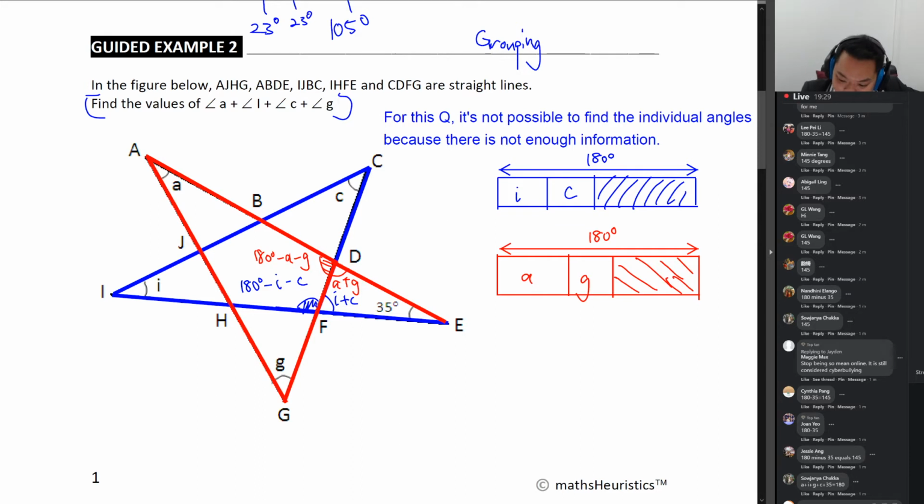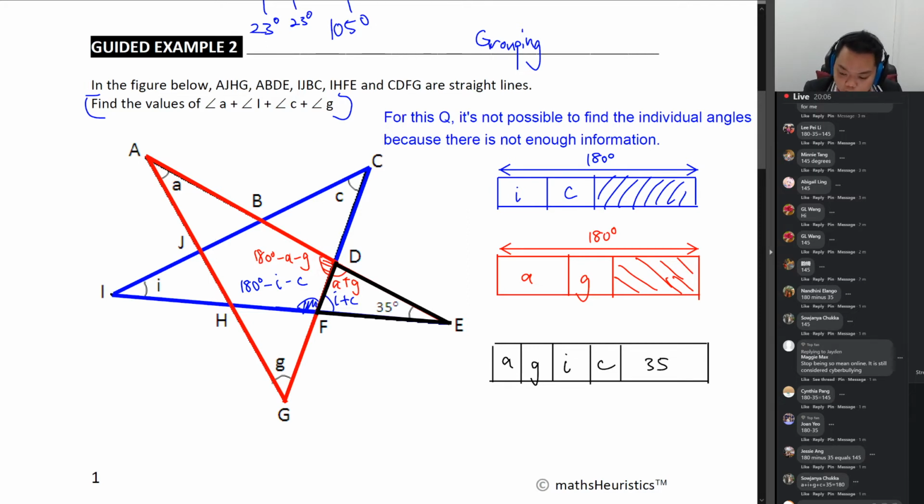So based on this, you can now see that this portion within this black region here, you will see that angles A, G, I, and C and 35 degrees will all add up to 180 degrees.